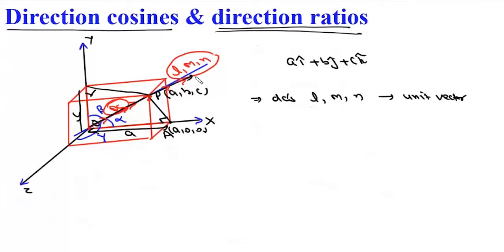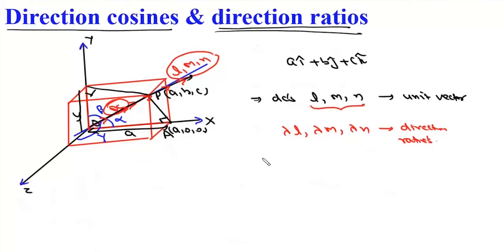It can have any length. So basically any vector which is proportional to l, m and n is your direction ratio. So if we are given direction cosines of a line as l, m and n, then if we multiply them with any non-zero constant lambda, then we say they are its direction ratios.